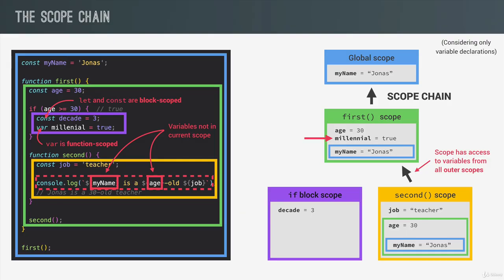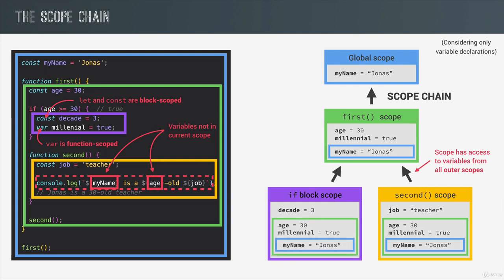Now, about the scope chain, if the millennial variable is in the first function scope, then of course the second function scope also has access to it, even if it doesn't really need that variable. Also, the scope chain does of course apply to block scopes as well, and therefore in the if block scope, we get access to all the variables from all its outer scopes.